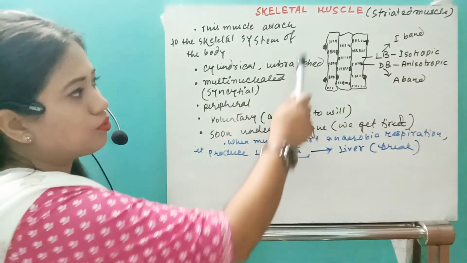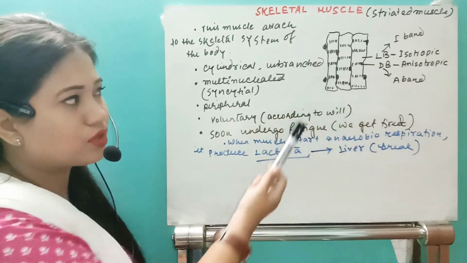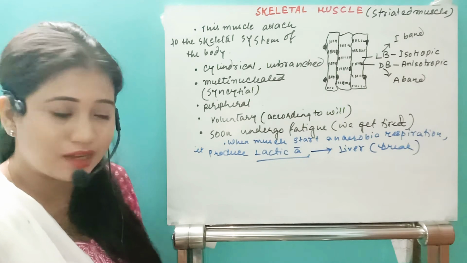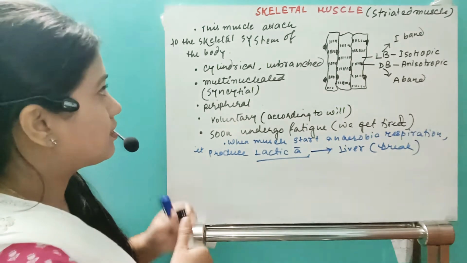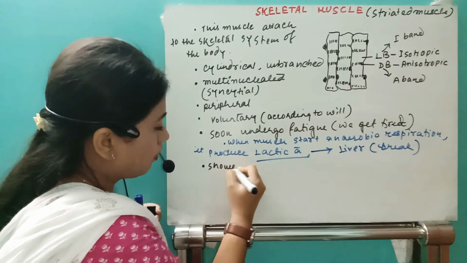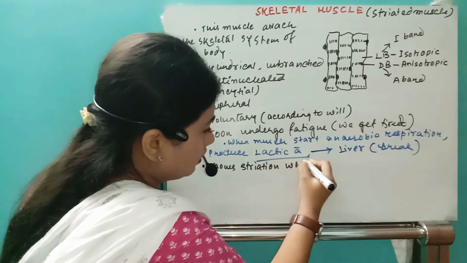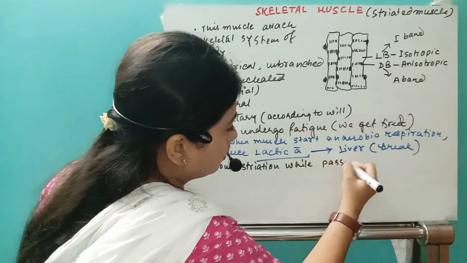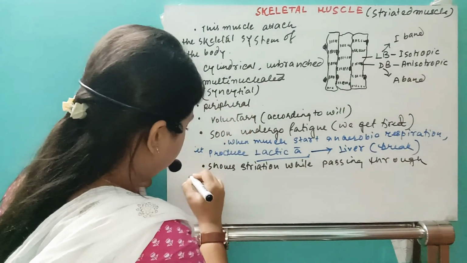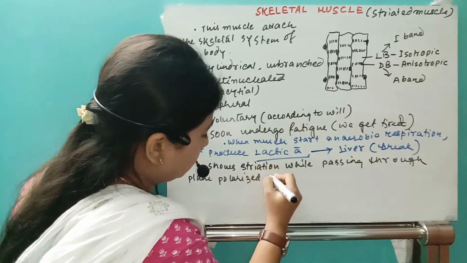So here we have some proteins, and because of the proteins it appears dark and light, right? Understand? So in the skeletal muscle, it shows striation while passing plane polarized light.